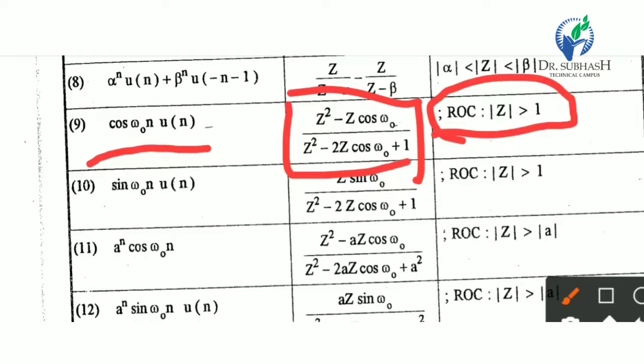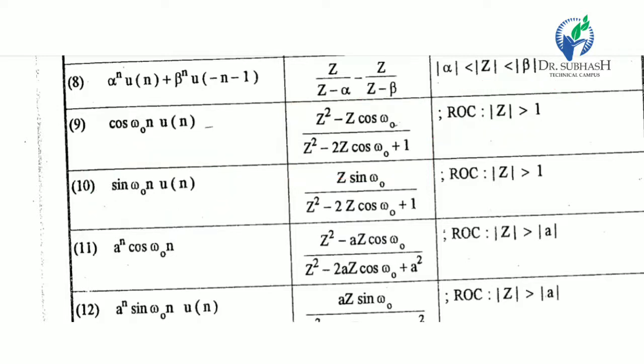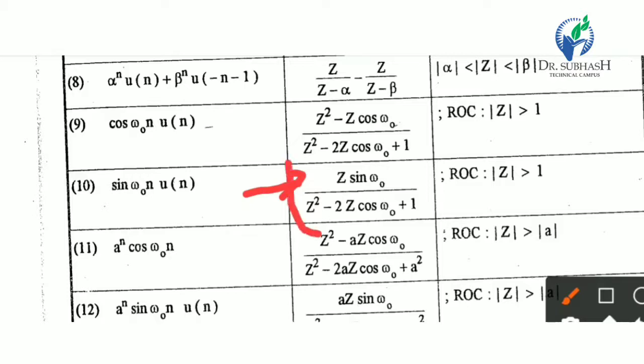For sin omega 0 n u of n, the Z transform is z sin omega 0 divided by z square minus 2z cos omega 0 plus 1, and the ROC is mod z greater than 1.